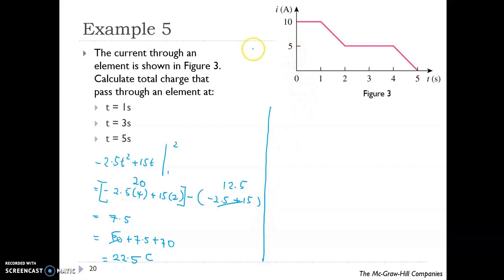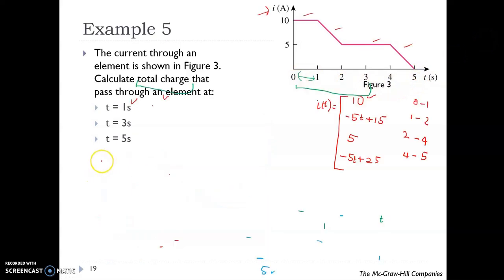Next, you were asked to find the total charge at t equals 5 seconds. So you need to find the charge from 0 until 5.